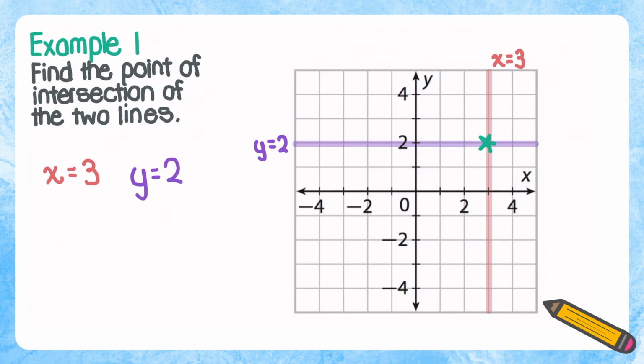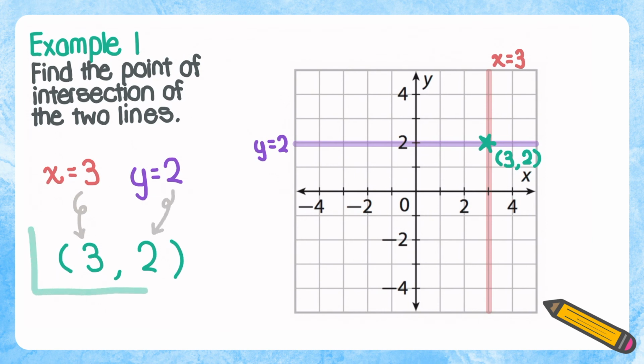This is the point of intersection. What are the coordinates? 3, 2. Let me write this over here, 3, 2.